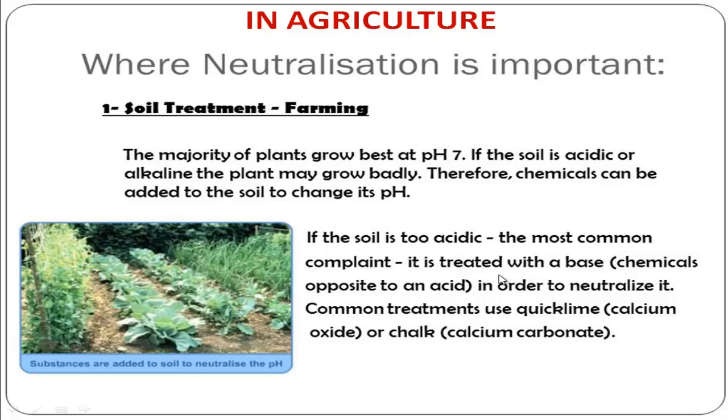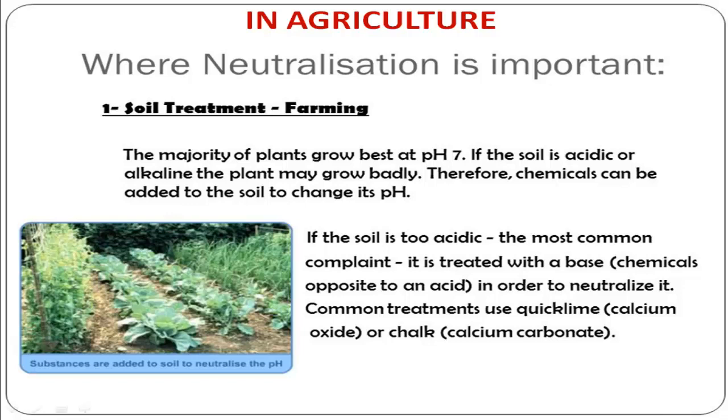At that time, if the land is treated with a base, generally lime is used. Lime, you know, is calcium oxide, or slaked lime, that is calcium hydroxide, used by farmers to increase the pH up to 7. In this way, soil is treated using lime when the soil becomes acidic.